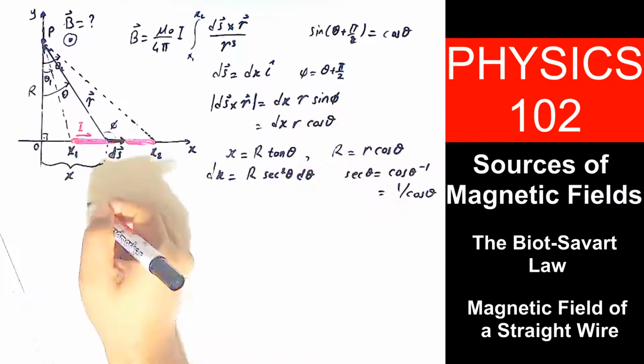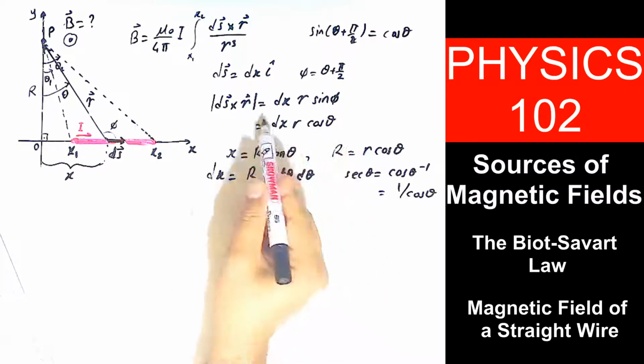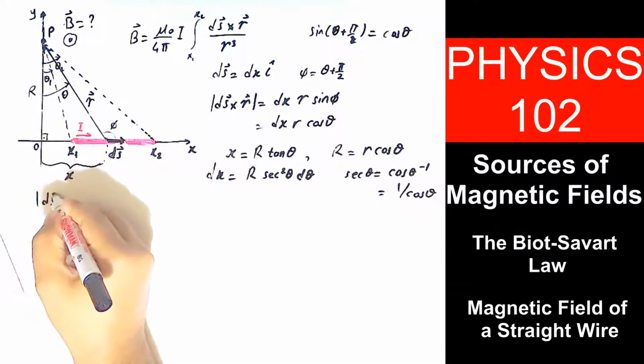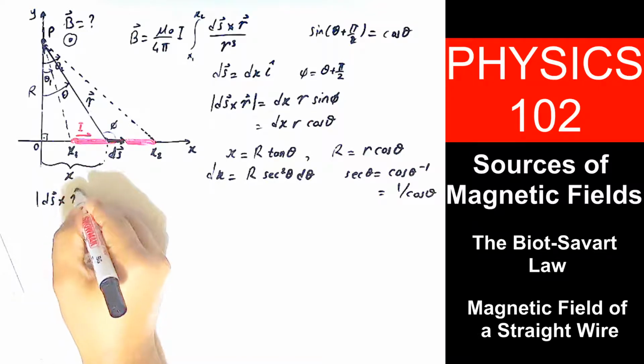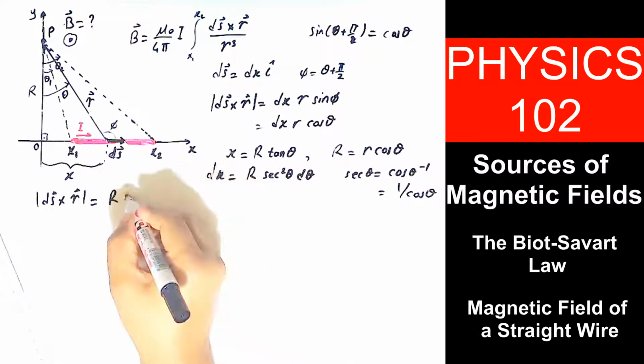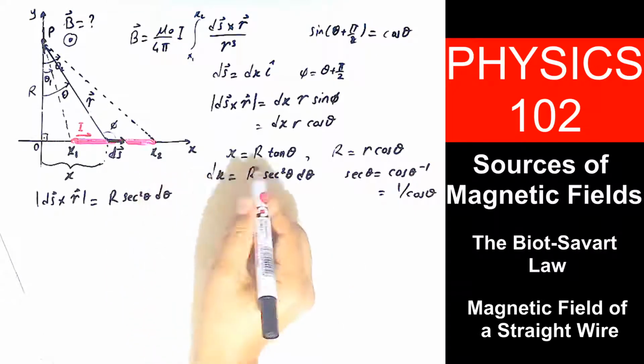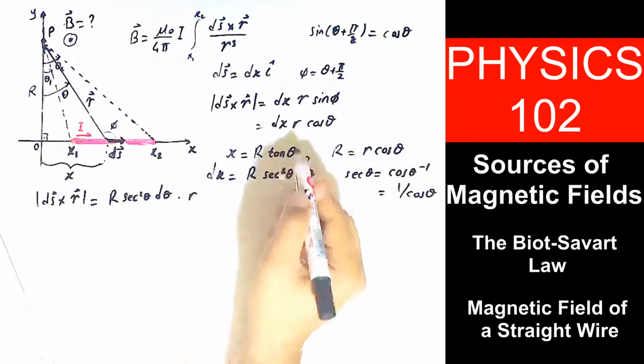If you look at the expression ds cross r, it turns out to be capital R times secant square theta d theta multiplied by small r.